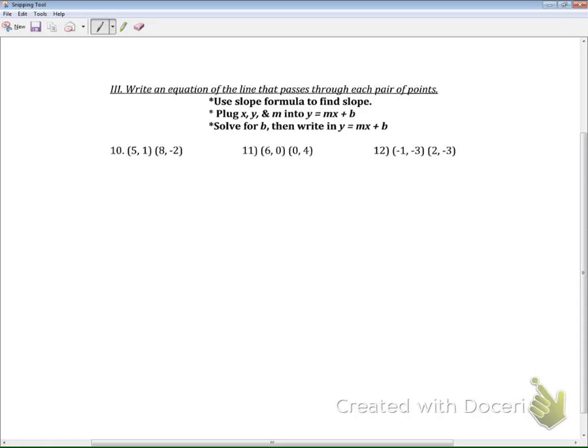Okay, I think I already did that part for you. So the slope formula is slope is equal to y2 opposite of y1. That's what you say there. You don't say -1, you say opposite of y1, all over x2 opposite of x1.